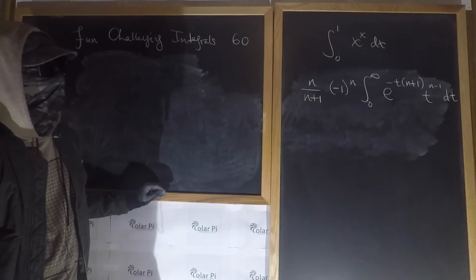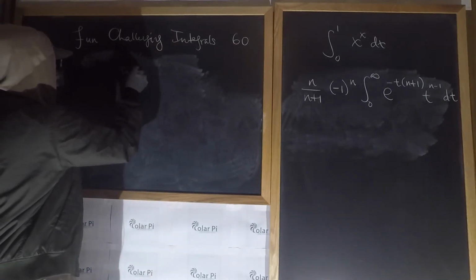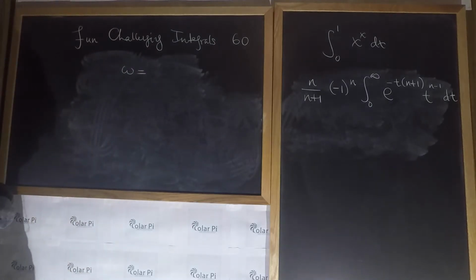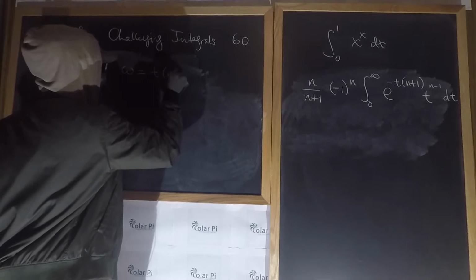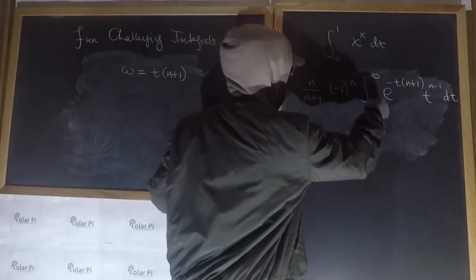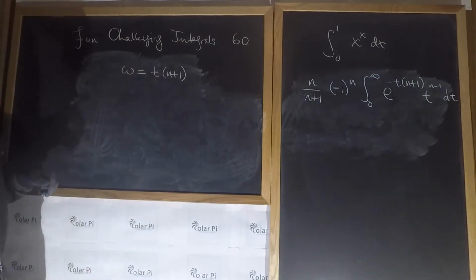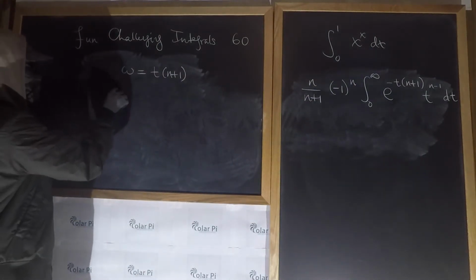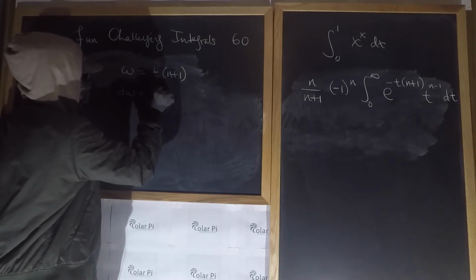So now, what do we do? Well, now let's make the following substitution. Let's let w equal t times n plus 1. That's the exponent of e here, except for the minus sign, right? Then dw is going to equal n plus 1 dt.